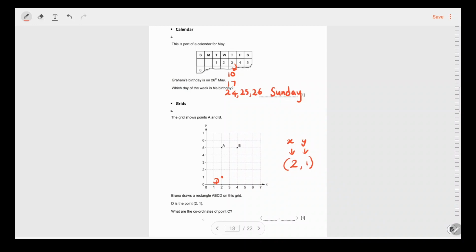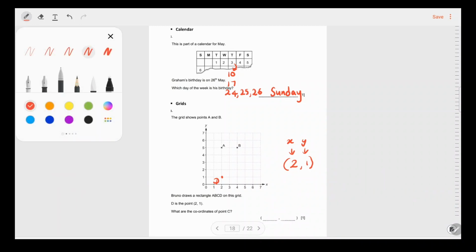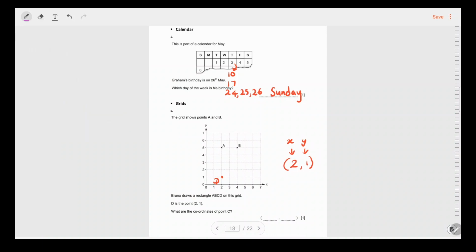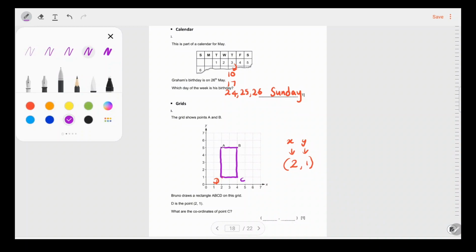The question says, what are the coordinates of point C? If we are to draw a rectangle here, we know that the point C would be over here, so that the lines make up a rectangle like this. Just to show you what that is supposed to look like.